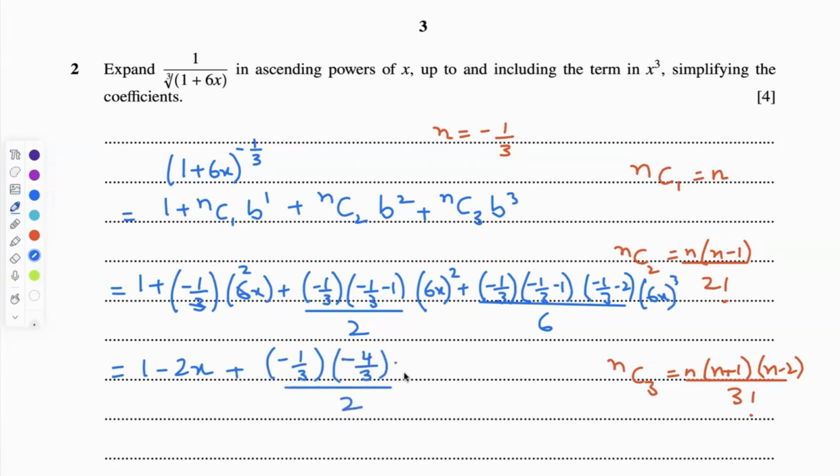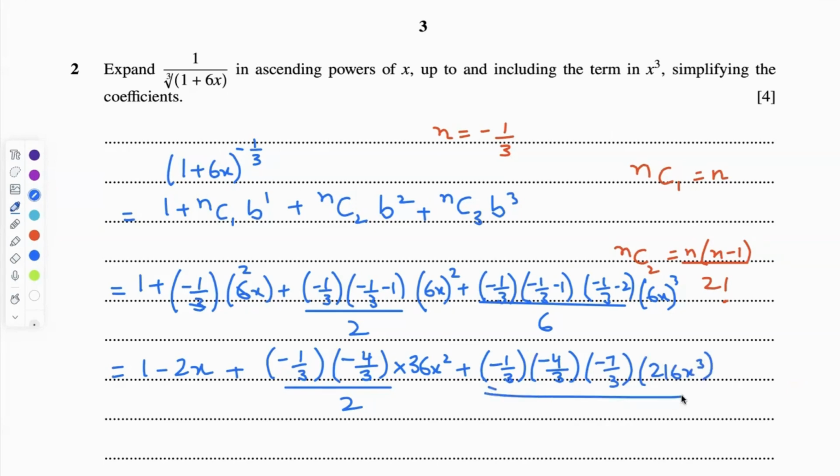And this will become 36x squared plus, this will become minus 1 upon 3 into minus 4 upon 3. And then minus 1 upon 3 minus 2, that becomes minus 7 upon 3 multiplied by (6x) cubed. So that is 216x cubed.